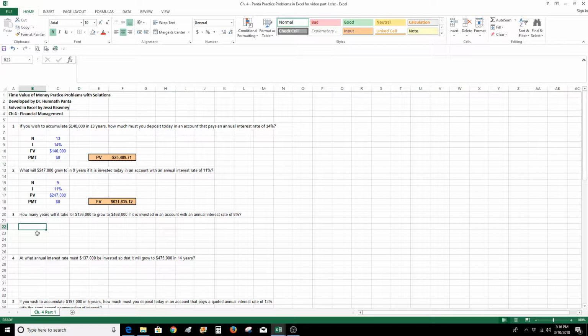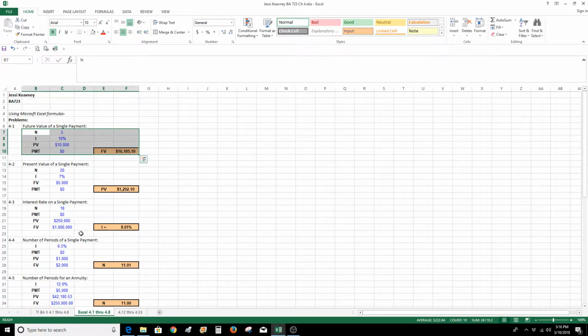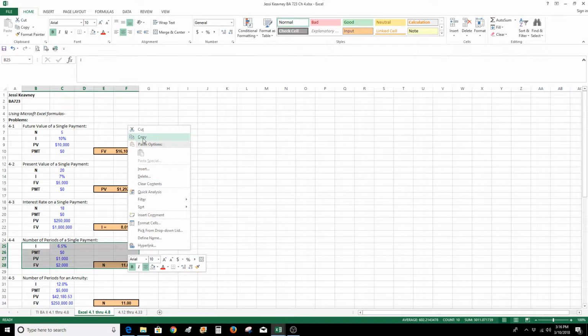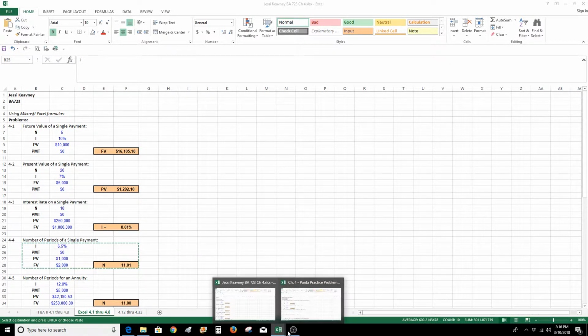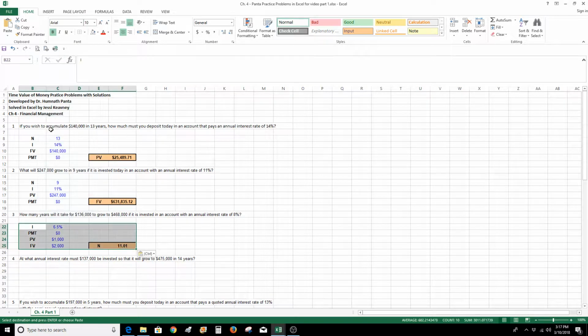All right, number 3. The problem says how many years will it take for $136,000 to grow to $468,000 if it is invested in an account with an annual interest rate of 8%. So we're looking for the number of years. I'm going to go back here, find a problem with the number of years, right click, copy, go back over here, right click and paste.